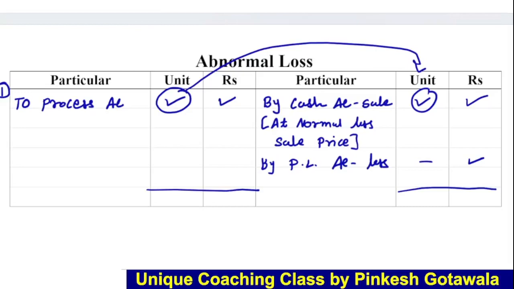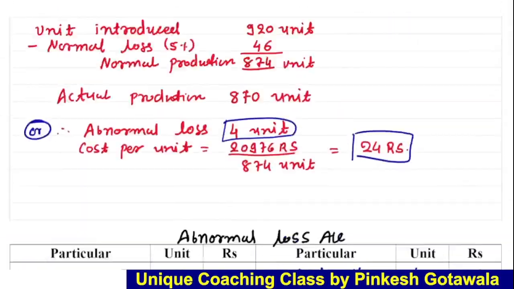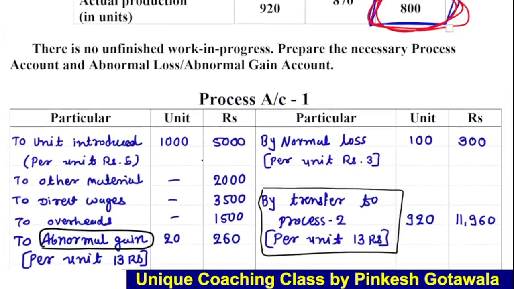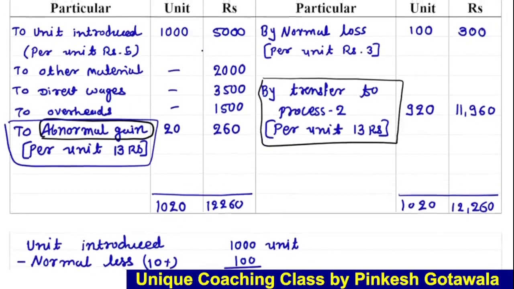Now come to the abnormal gain. In abnormal gain there is also the same entry, meaning a total of 3 entries. 2 entries we have to give and the third entry we close the account. So here Process 1 and Process 3, there is gain in both 1 and 3. So what will be the first entry? The same, we have to transfer here abnormal gain, which was on the debit side in the process account.